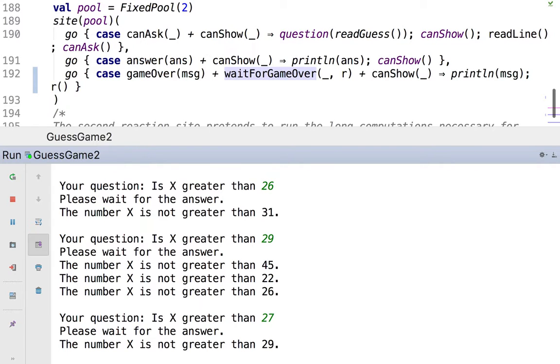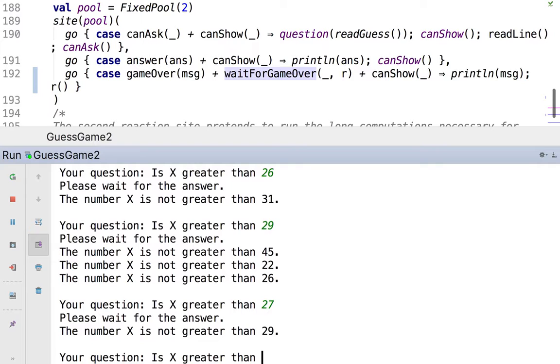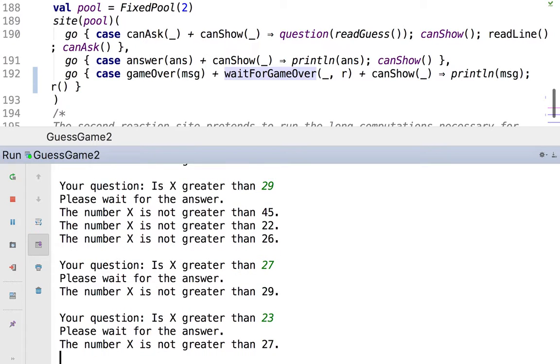So if I start typing a question, then there should be no interference, no answers should arrive. Let me check that this is so. I'm going to type 23, take my time. Okay, no answers arrive. Boom. 27.